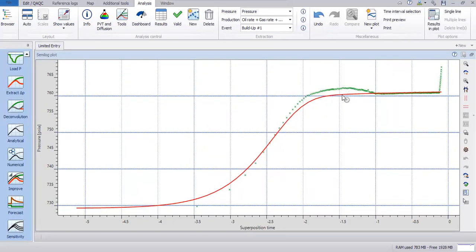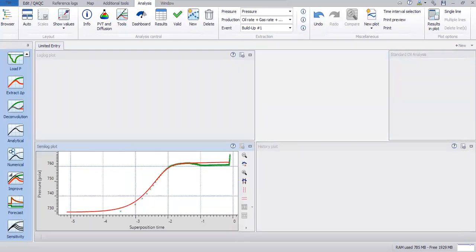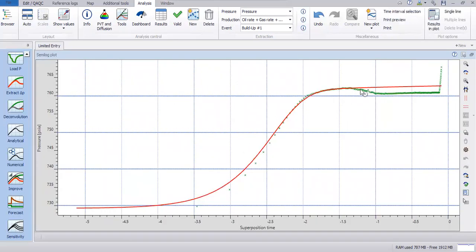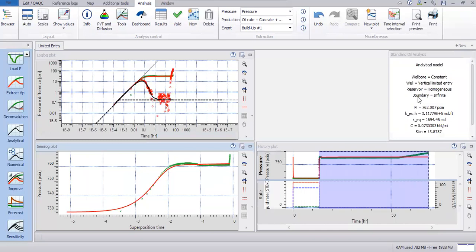If we follow the hump, I'd rather use this, I think it's okay. Okay, so take it or leave it, but one thing that we can be sure of is that the permeability, looking at this one, will be high.